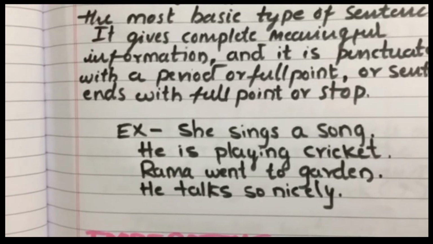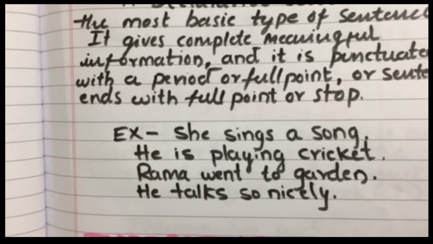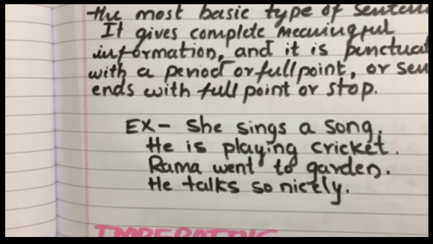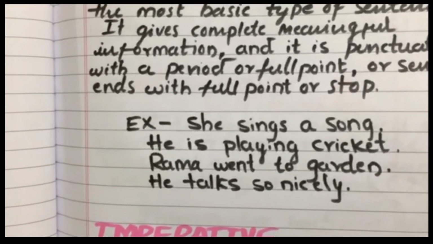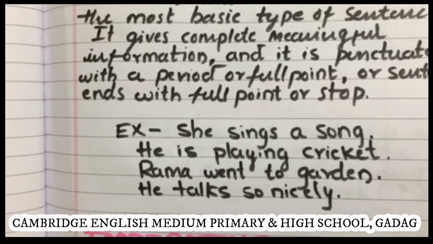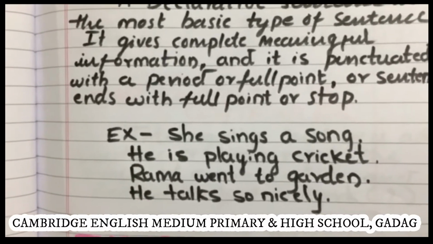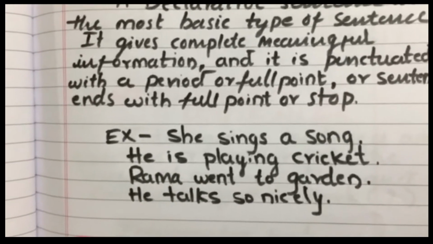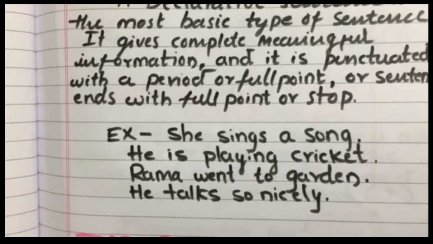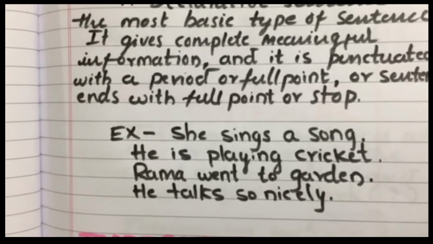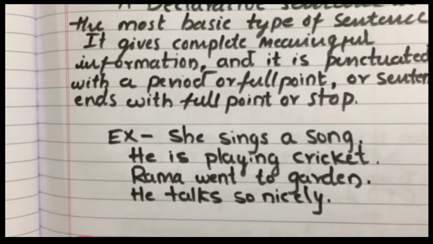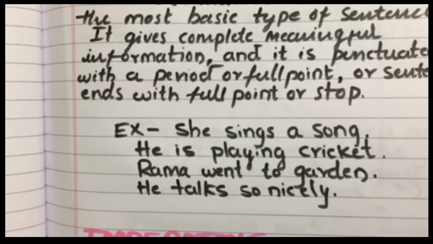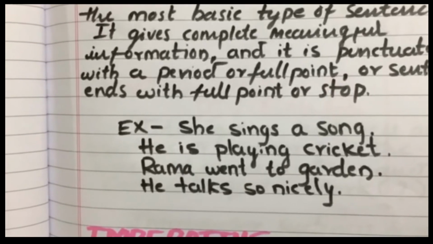Every sentence ends with a full point or period. And these four sentences give us complete meaning and full information, and finally end with a period or full point. She sings a song. Someone is singing a song.